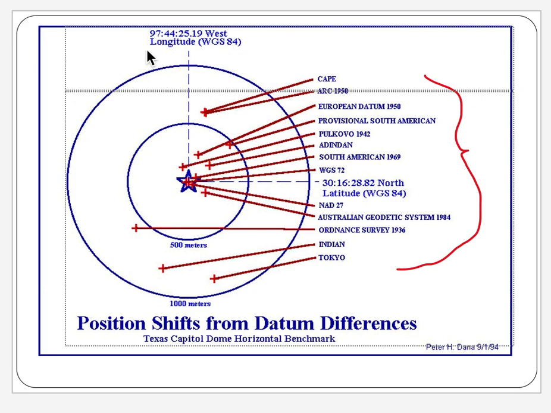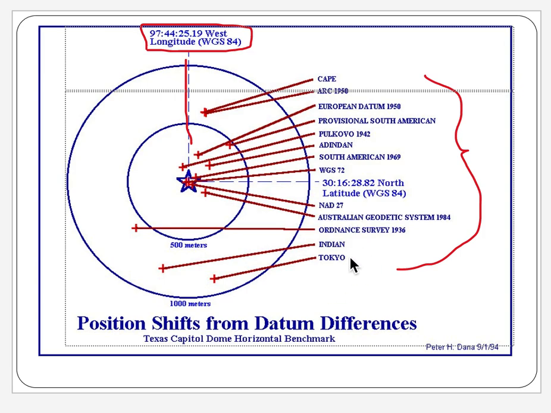And we have the WGS 84 longitude coordinates, and it's labeled here as a star. And we could see that according to the WGS 84, this is the accurate representation of the Texas Capitol Dome. So that's the benchmark for the Texas Capitol Dome.